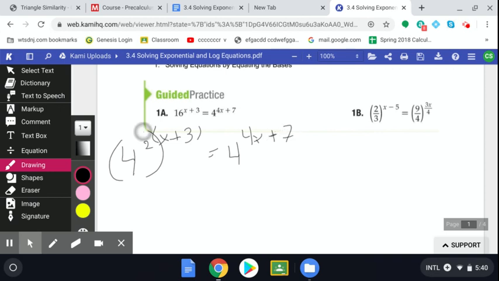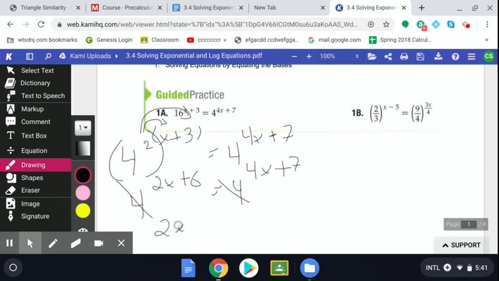Now I can multiply both x and 3 by 2, and I can rewrite that expression as 4 to the 2x plus 6 is equal to 4 to the 4x plus 7. Once I have done that, because my bases are the same, I can cross out the 4's and just say that 2x plus 6 is equal to 4x plus 7.